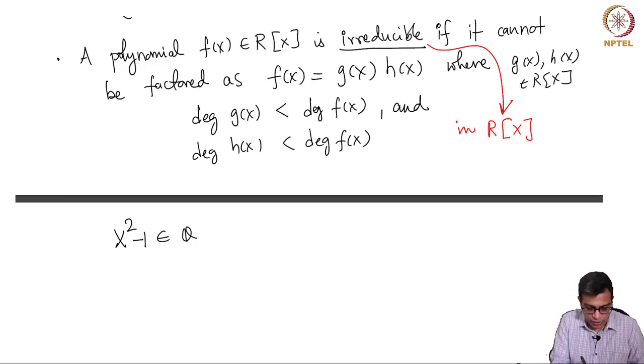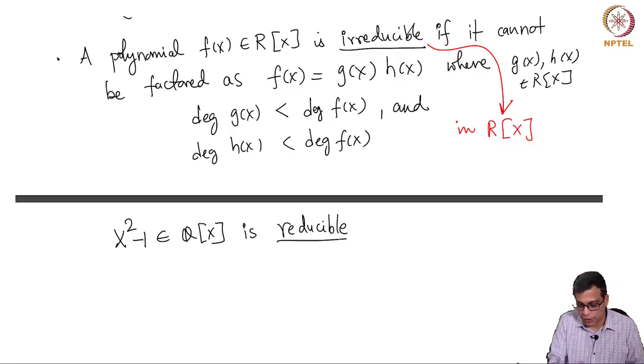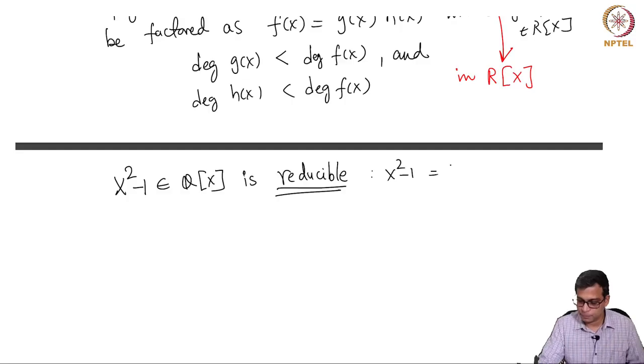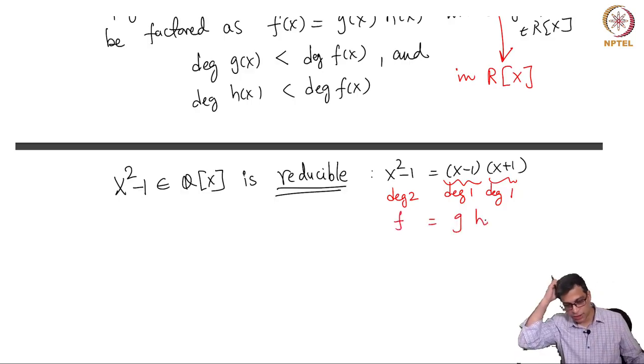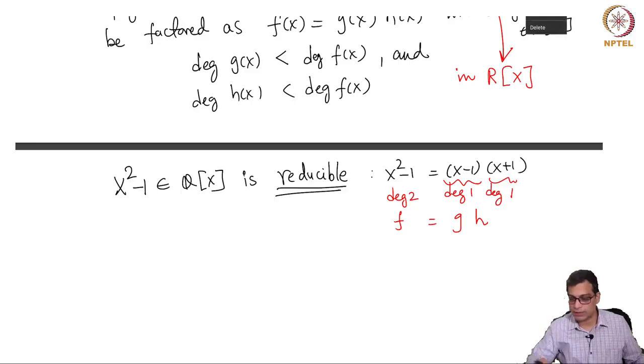If you take x squared minus 1 in Q[x], it is reducible. If something is not irreducible, we call it reducible, since you can factor this as (x minus 1)(x plus 1). This is degree 2, this is degree 1, and this is degree 1. So this is f, you have written it as g times h, where g and h both have degree 1, which is less than the degree of f, which is 2.